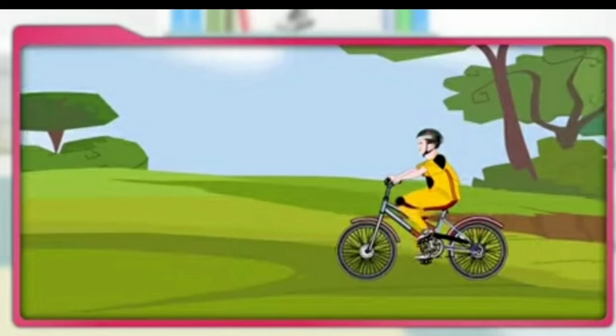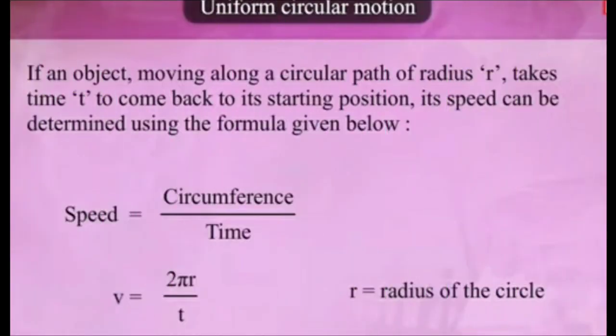Good. Now, if an object is moving along a circular path, it must have a radius. So let us take the radius r and the time taken is t to come back to its starting position. So its speed can be determined using the formula: speed is equal to circumference upon time.